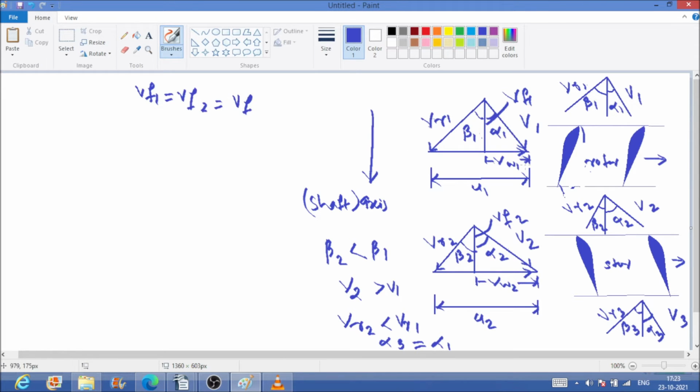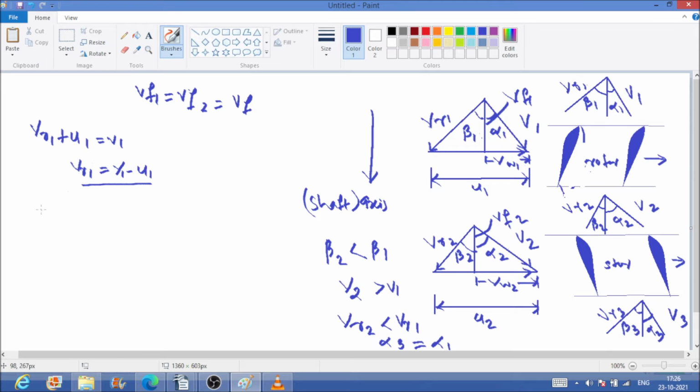From this velocity triangle, this is vr1, its head and tail meet at a point, so I can write vr1 plus u1 is equal to v1, or vr1 is equal to v1 minus u1. So the equation is right. That is how you have to remember this equation and velocity triangle as well.